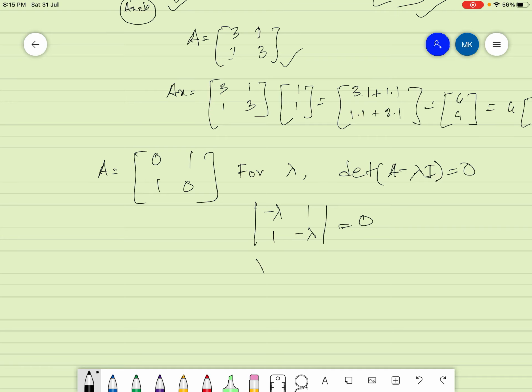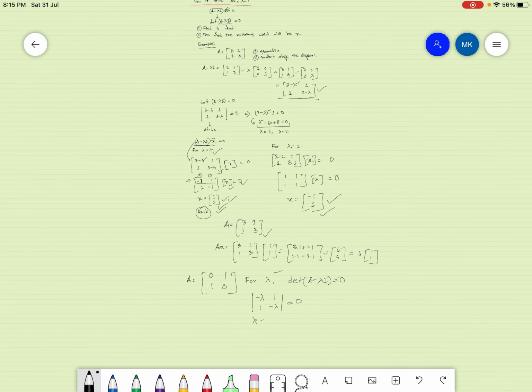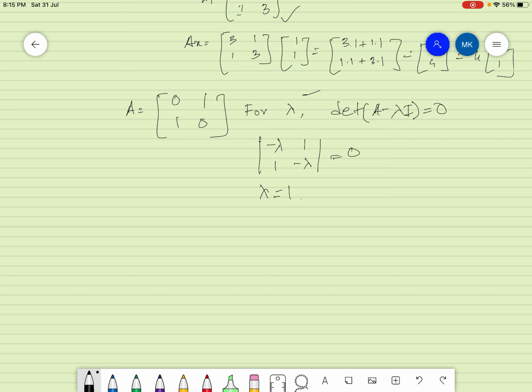So from this you'll get lambda equals positive 1 and lambda equals negative 1. For the eigenvector you'll put these values into the matrix form, and you'll get [-1, 1; 1, -1] times x equals 0. So from this you get x equals [1, 1].